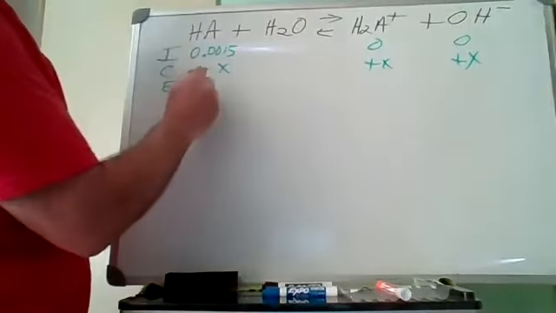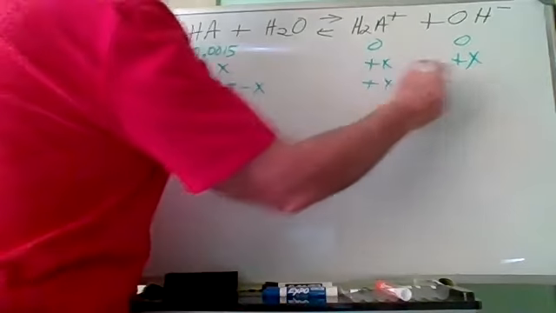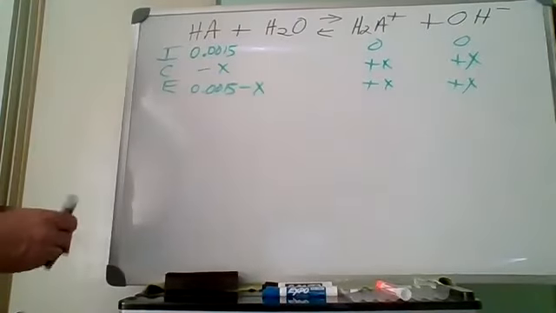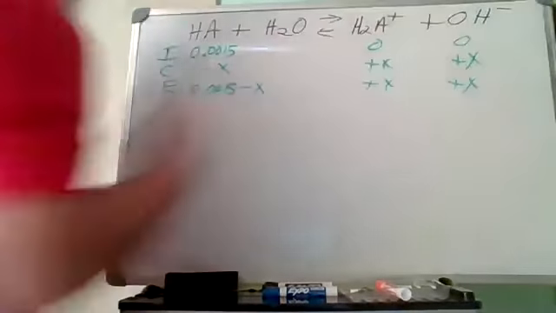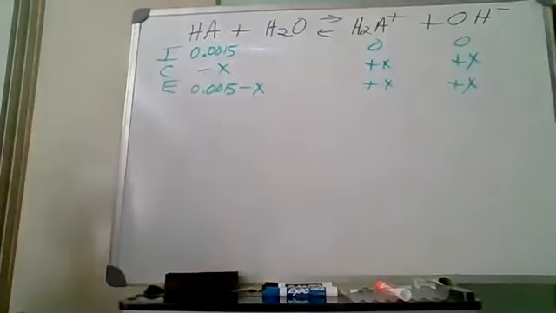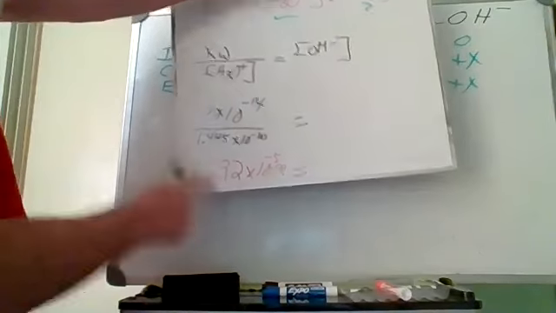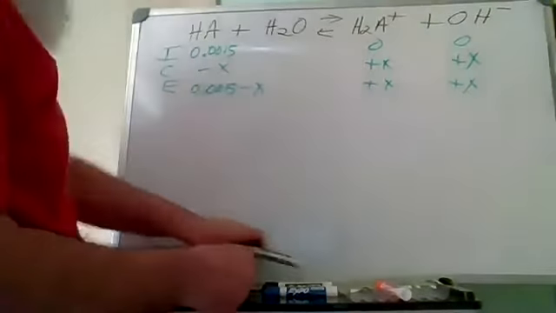So this is 0.0015 minus x plus x plus x. But I know what x is. I just solved for it a moment ago. Right? X is the hydroxide ion concentration. But we just calculated what the hydroxide ion concentration is. So I know that.